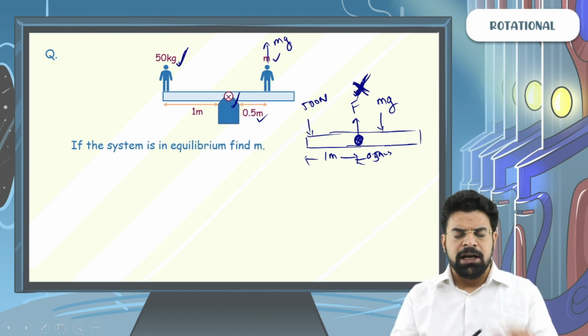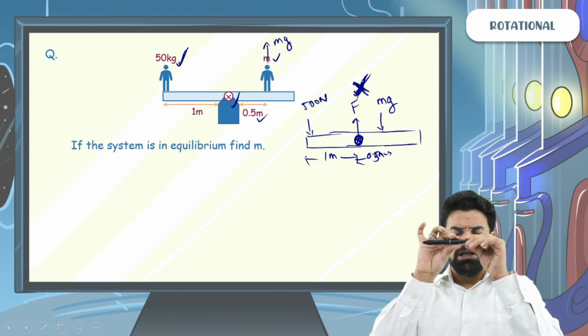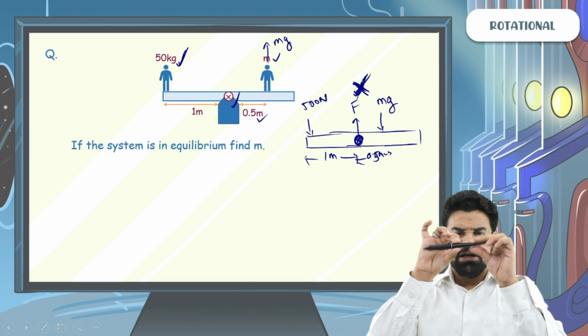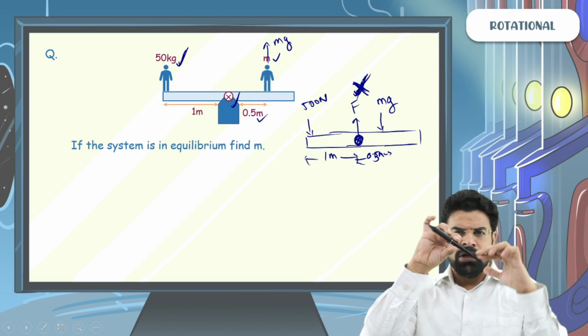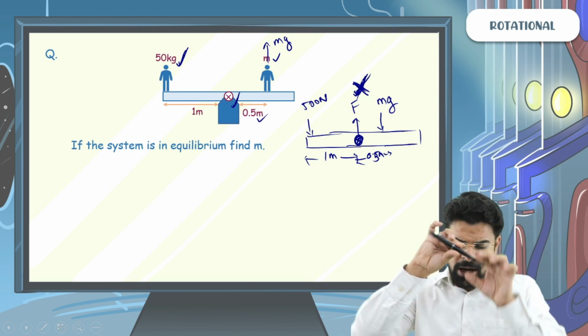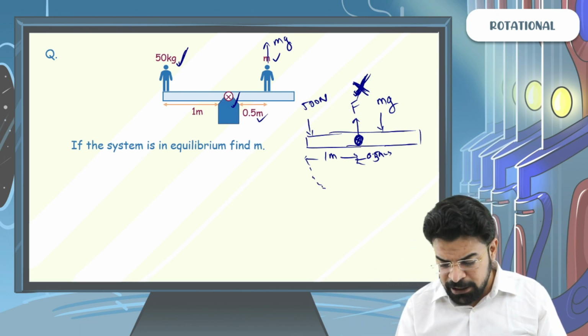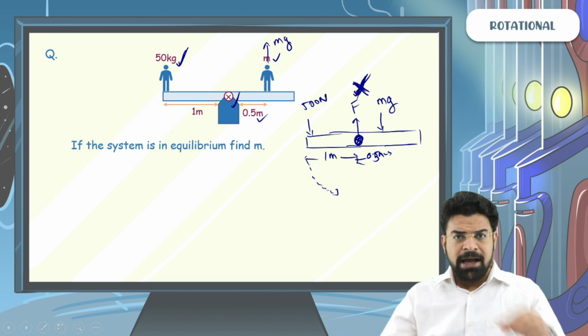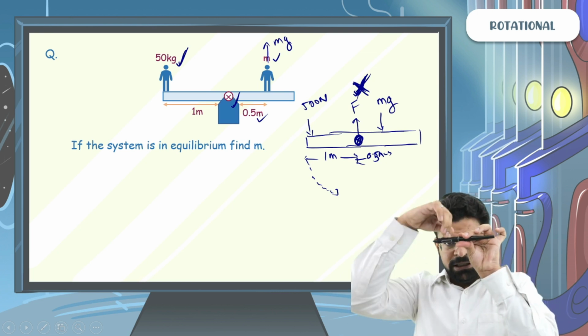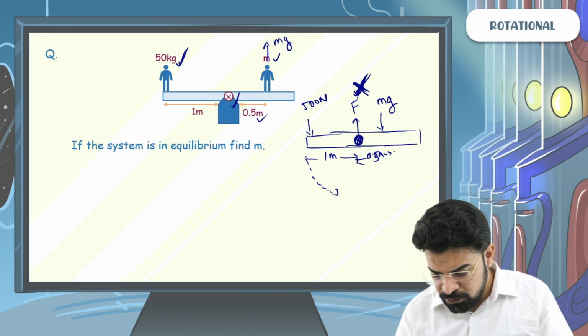Now just forget everything, visualize the plank, the support point, and this force of 500. This force of 500 is trying to turn the whole plank anti-clockwise, while this force of mg is trying to turn the plank clockwise.